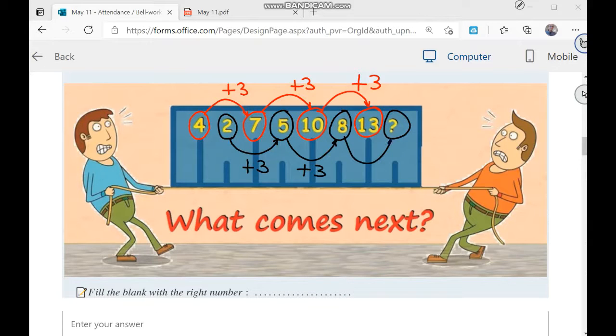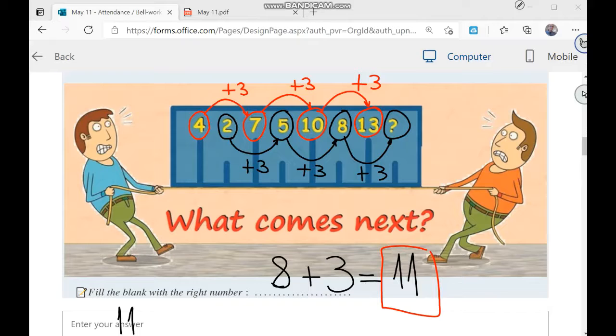From 8 to question mark, we can assume, right, that will also be plus 3 here. So 8 plus 3 equals 11. 11 is the right answer. So the answer is 11. That is going to be the right answer.